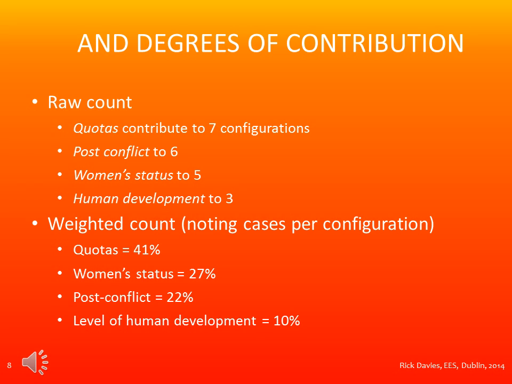But we can also get into more sophisticated measures which take into account the number of cases associated with each configuration. And when this is done, you'll see that there's been an adjustment here of women's giving that a slightly higher contributing role than it had using the raw numbers alone.